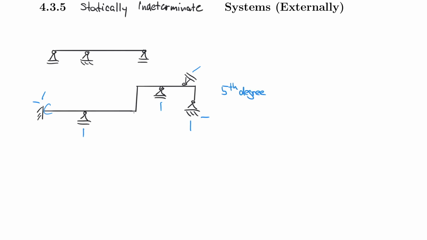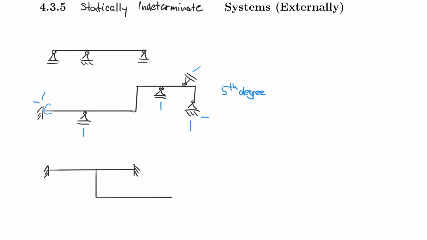And so you need to be able to identify how many times it is statically indeterminate and why you cannot solve this. Let's make 1 or 2 more systems that are statically indeterminate. So for example, I can have a cantilever that may look like this, and then I weld another structure to it.